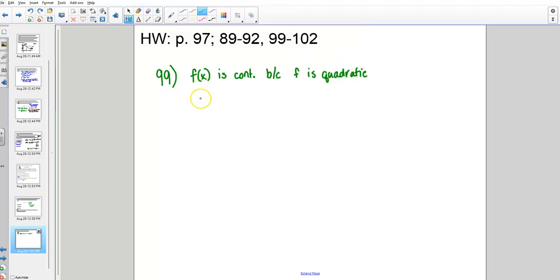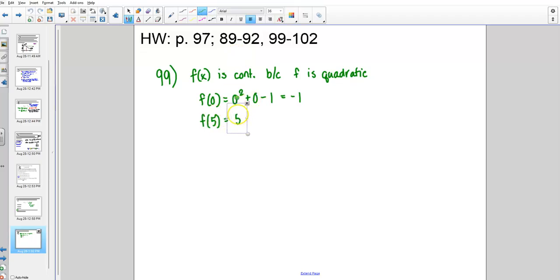And then you would find f of 0 equals 0 squared plus 0 minus 1, which is -1. You would find f of 5 equals 5 squared plus 5 minus 1, which is 25 plus 5 minus 1, which will give you 29.